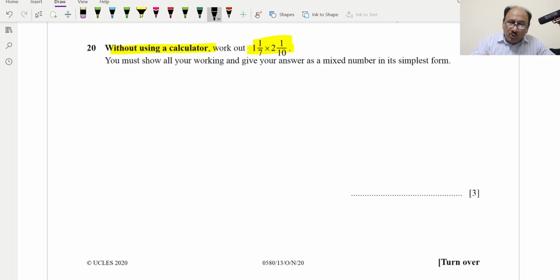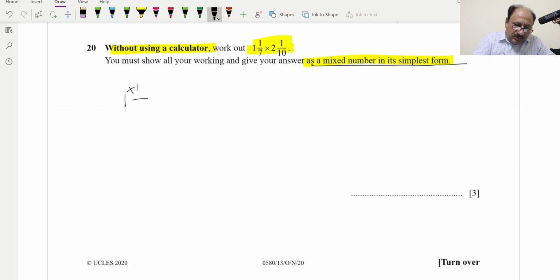Basically we have to show the complete working, and you must show all your working and give your answer as a mixed number in its simplest form. So we can change this one, 1 whole 1 over 7. How will we change it? We'll multiply this with this. 7 multiplied by 1 will be 7, then we add this.